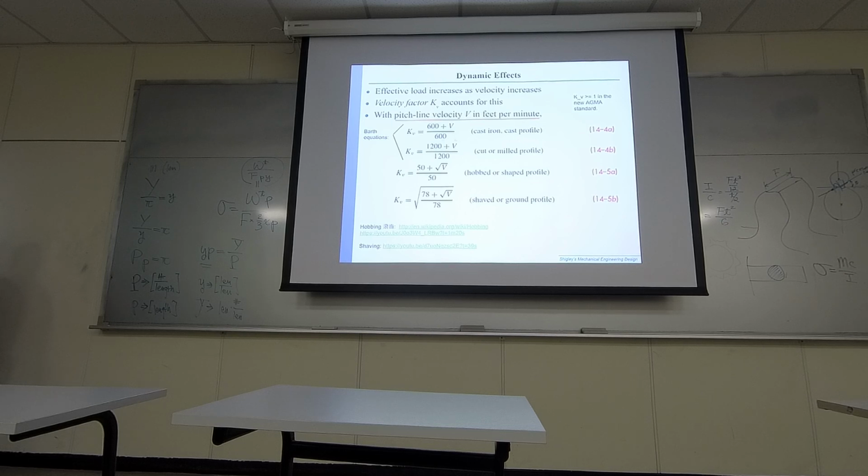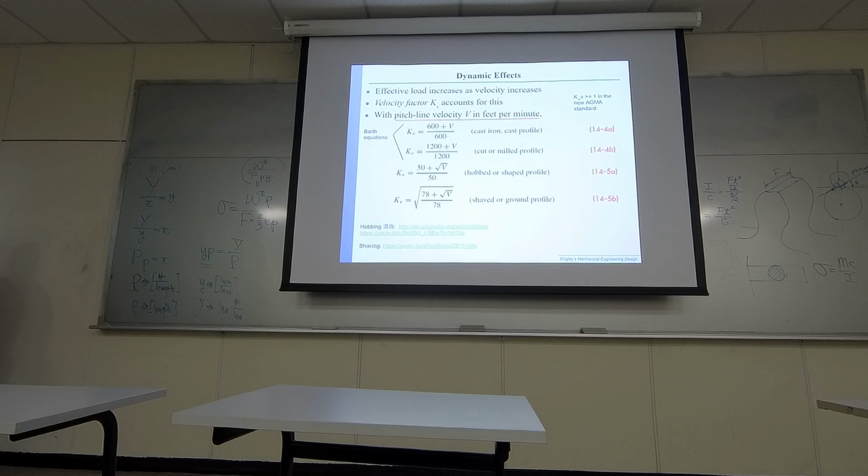If you build the gear by casting, your equation looks like this. If you have 0 speed, then K equals 1. But when the speed starts to increase, K is greater than 1. So whenever the gear is rotating, your stress increases by a certain amount.